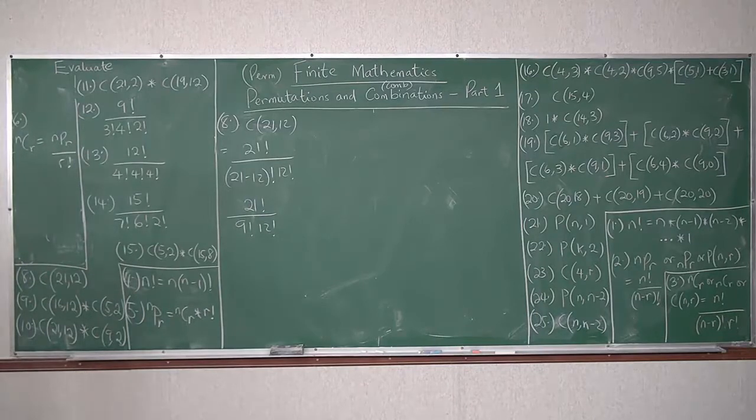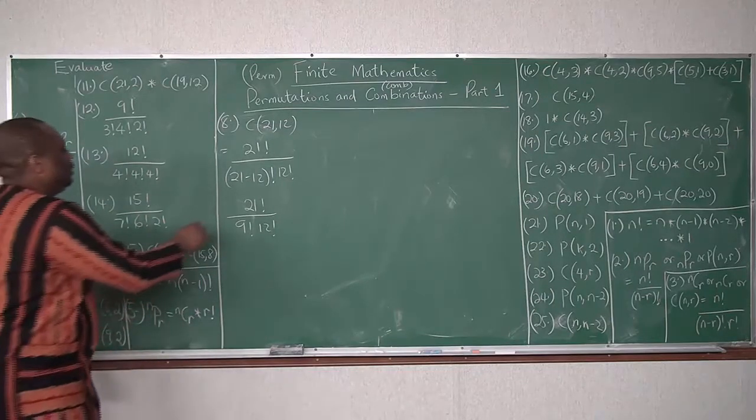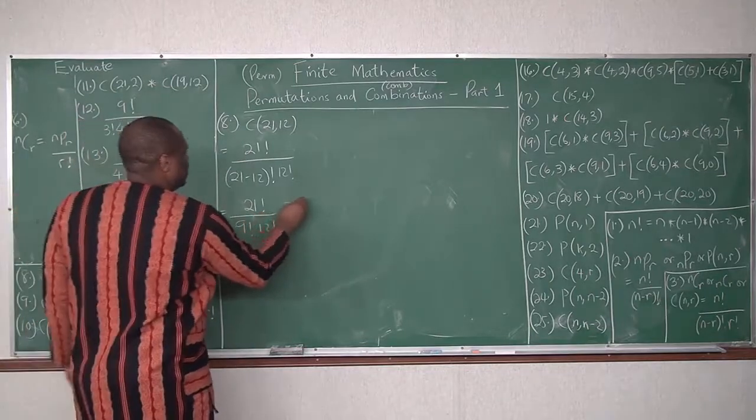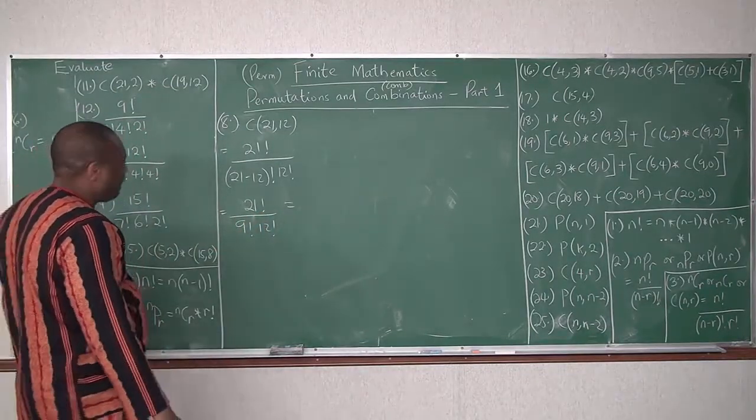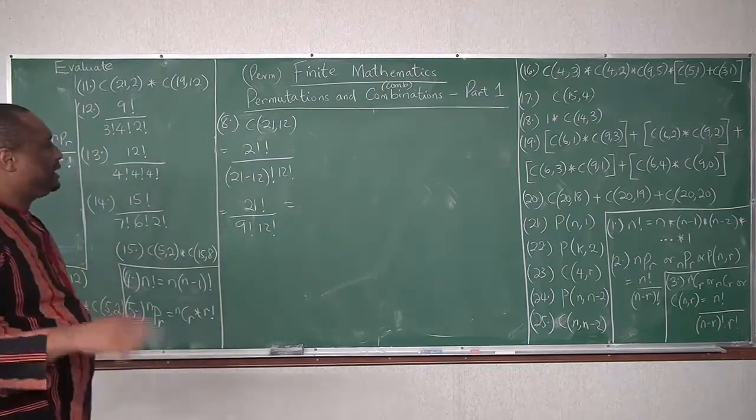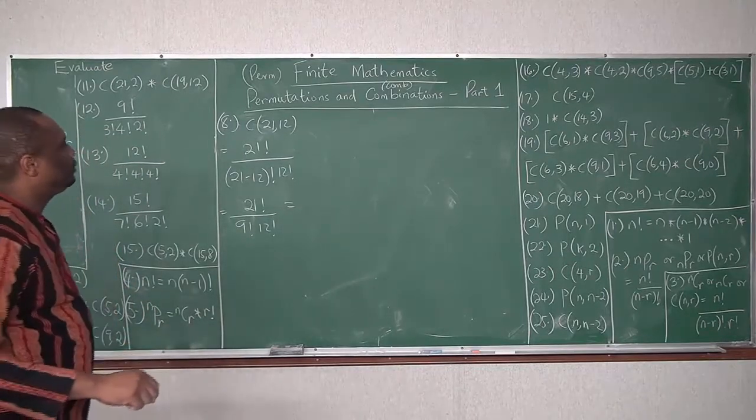So which is more here? Is it 9 or 12? 12 is more, right? Because we want to know where we can start. So we'll stop at 12. 21 minus 12 is 9. So 9 factorial, 12 factorial.